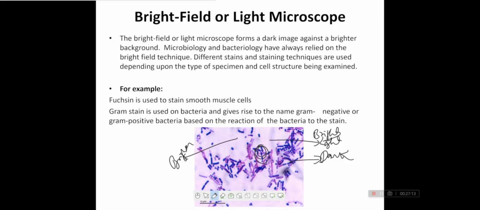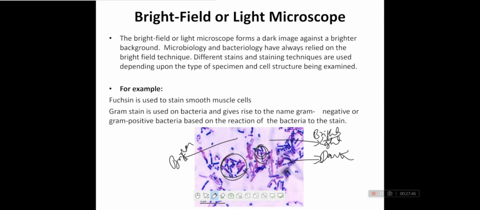The difference is how the object is seen as a dark color: we stain the object, that's why the object looks dark in color. So in this technique, staining methods are used.